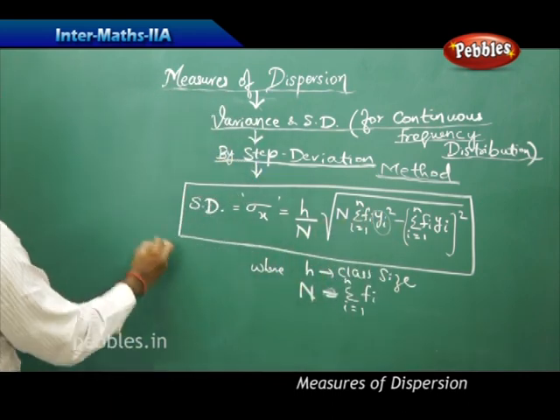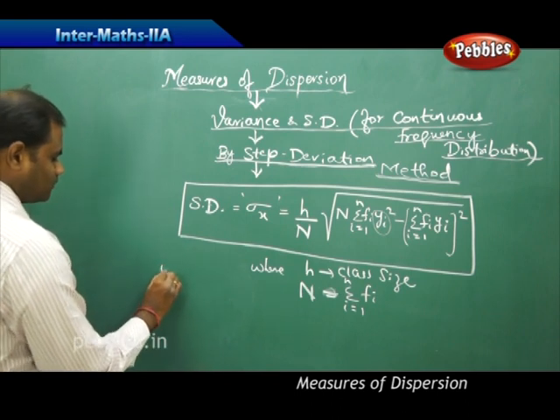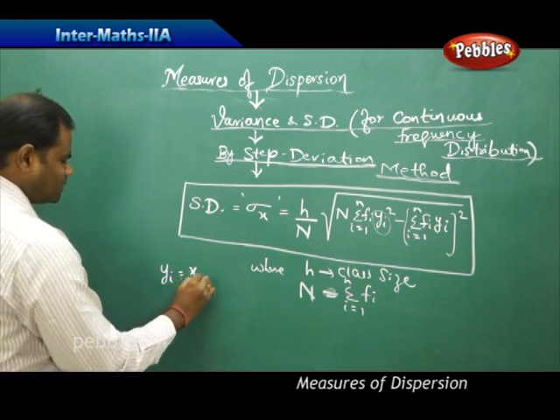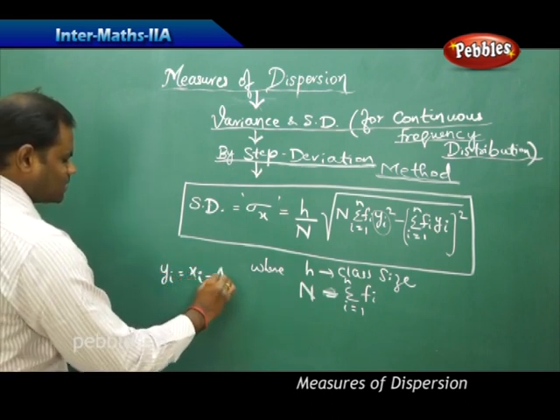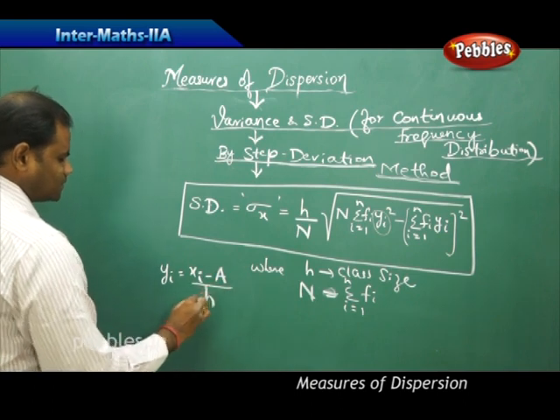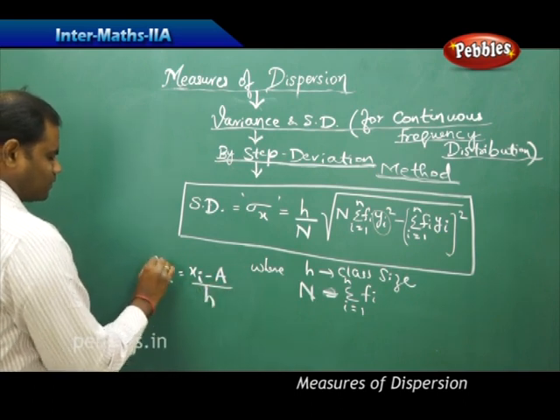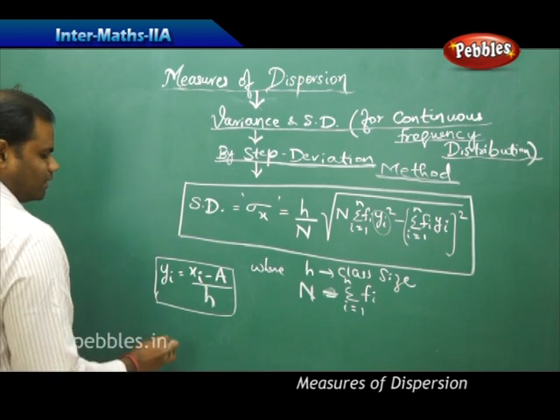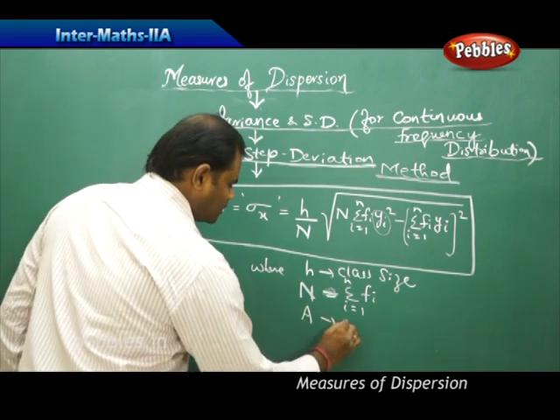In this case my yi is nothing but xi minus a by h for each i running from 1 to n, where a is the assumed mean.